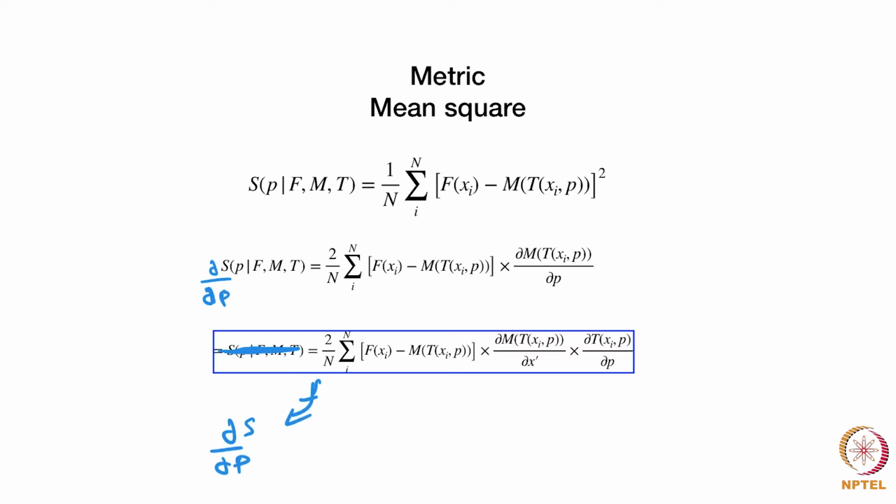It's the difference between the pixel intensities of the fixed and the moving image after transformation, times delta M over delta X prime, which is nothing but the numerical gradient of the moving image, which we saw how to evaluate, and this is the Jacobian of the transformation.